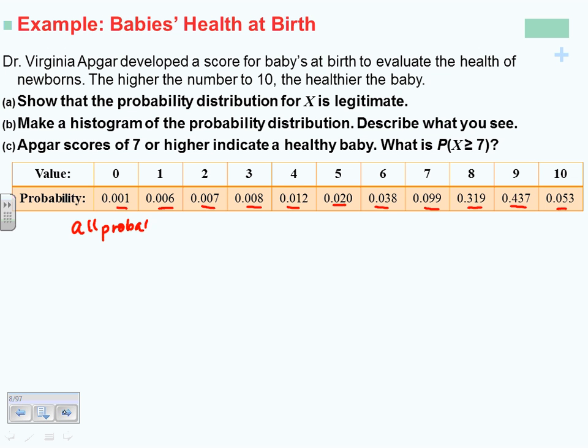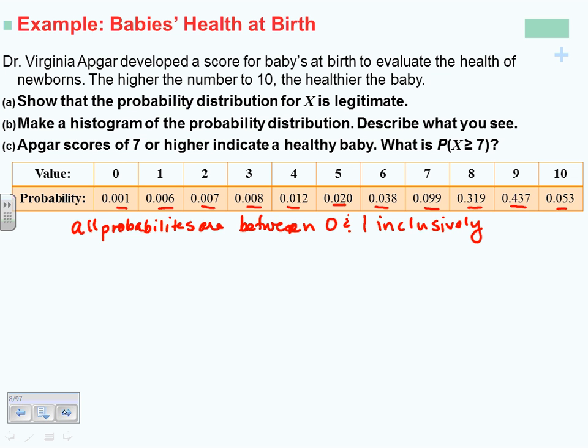All probabilities are between 0 and 1 inclusively, meaning it could include 0 or include 1.